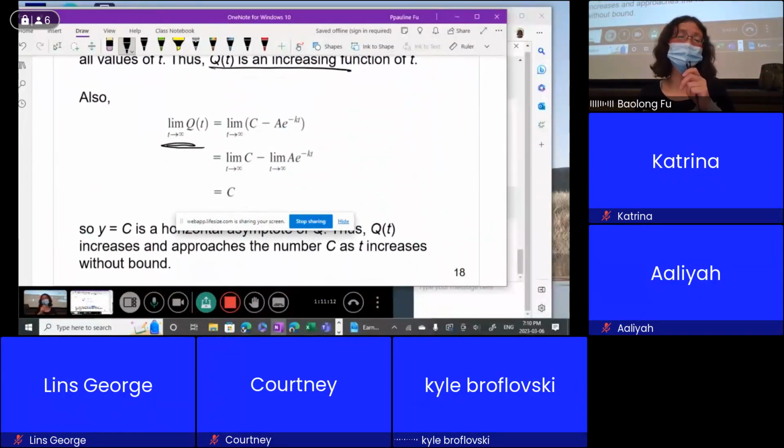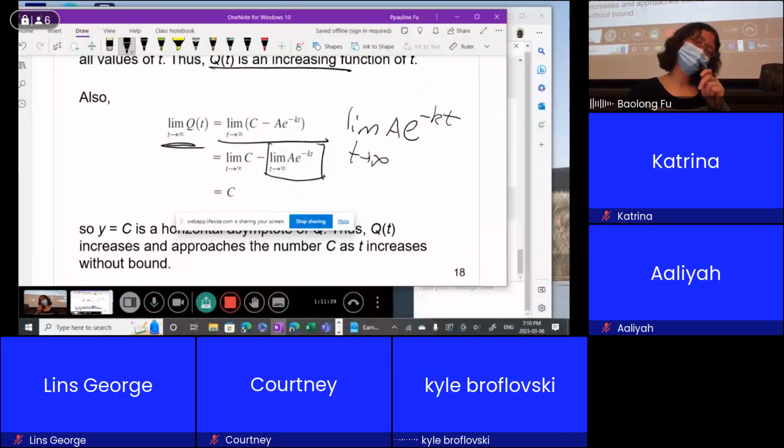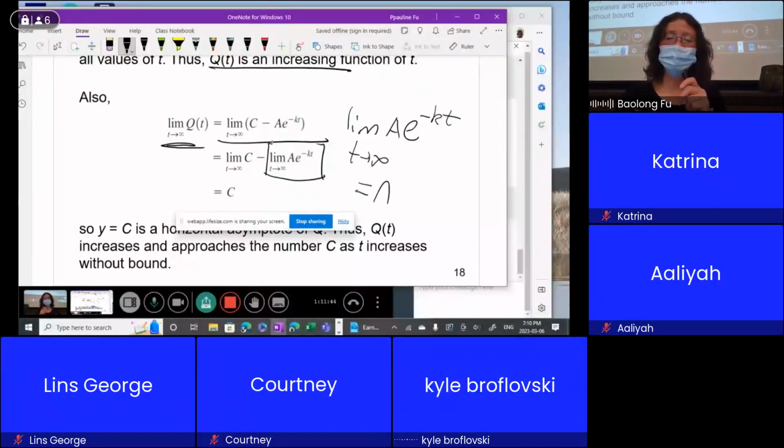What would Q look like? So we take the limit of C minus A e raised to power negative kt when t goes to infinity. The C is just a constant. And what would be this limit? A e raised to power negative kt, when t goes to infinity, is the same as A times the limit of 1 over e raised to power kt.